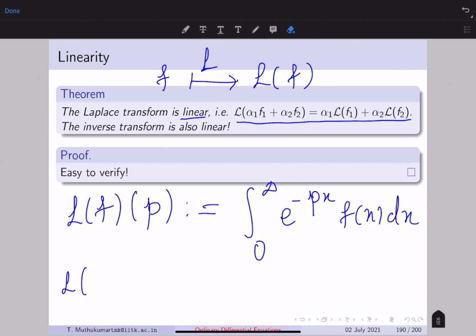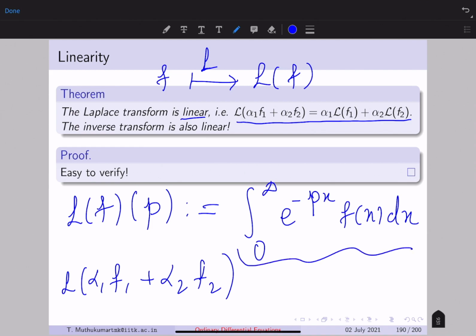If we want to show that it's linear, we need to show that for two functions f1 and f2 and two scalars alpha 1 and alpha 2, the Laplace transform of this linear combination of f1 and f2, using this definition, works out as follows.